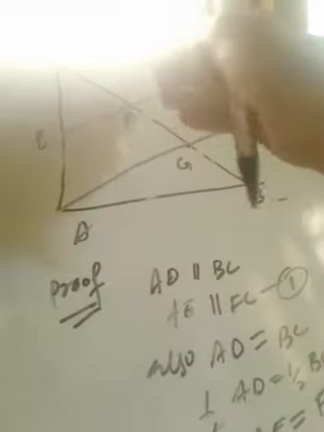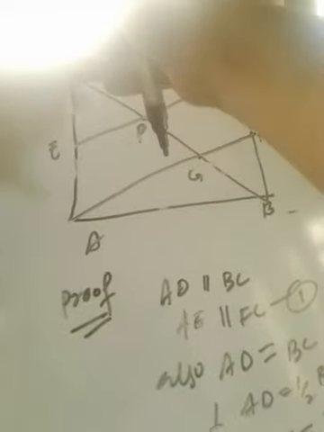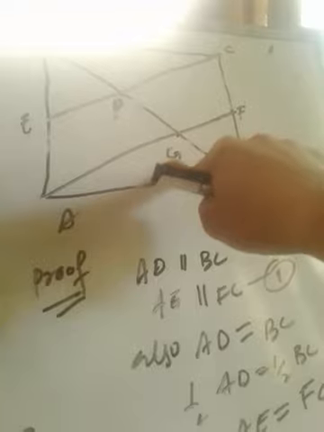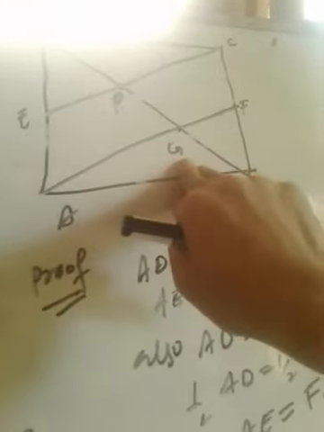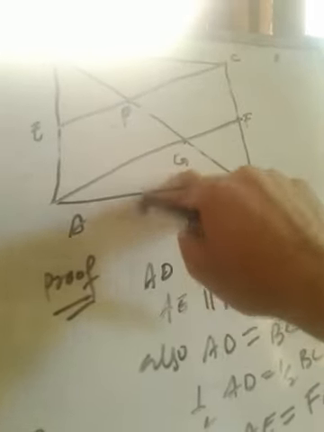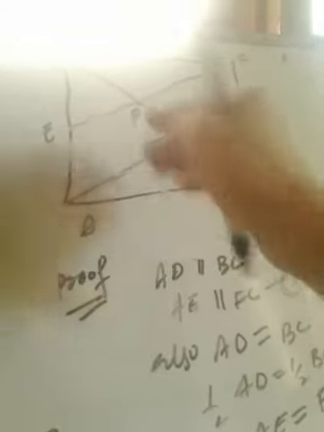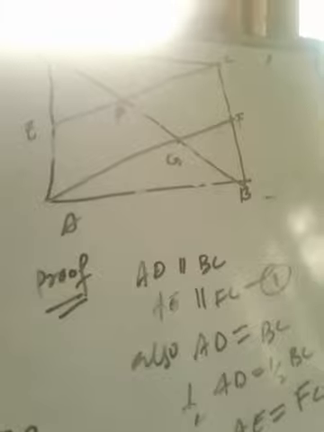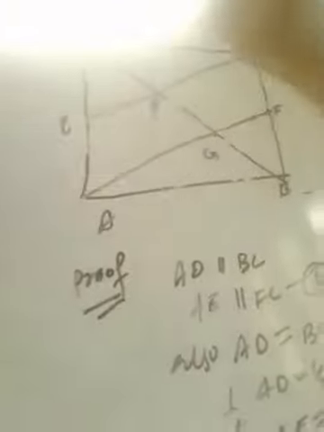It means GP equals PD. Here, EP is parallel to AG, and E is the midpoint. So it means that P is the midpoint of DG. So if P is the midpoint of DG, it means that PG equals PD.